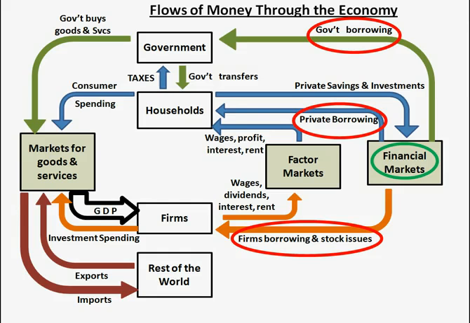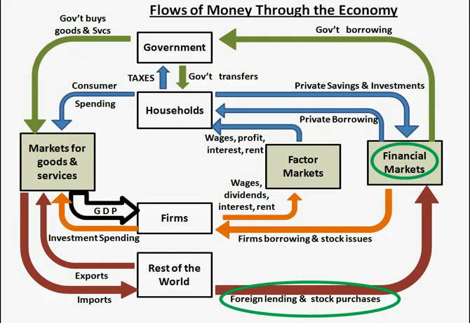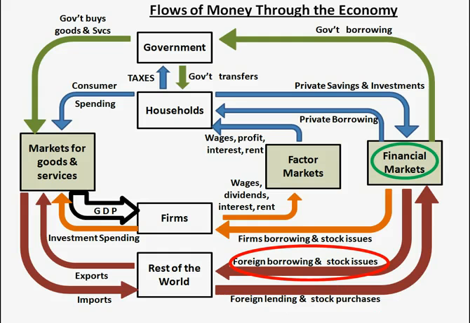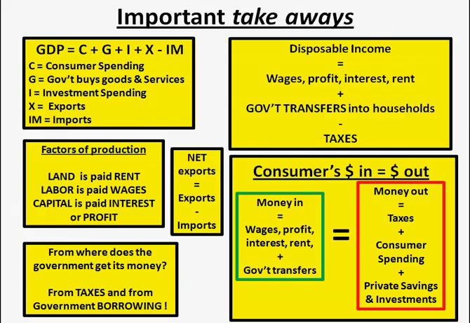So if there's not sufficient funds, sometimes they will take in money from foreign lenders and foreigners who purchase stock in our companies. At the same time, we have situations where we loan money to foreigners and we buy stock in foreign companies. Okay, so that's the circular flow diagram.